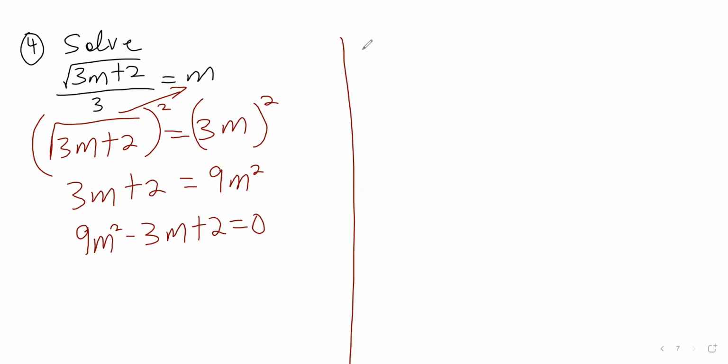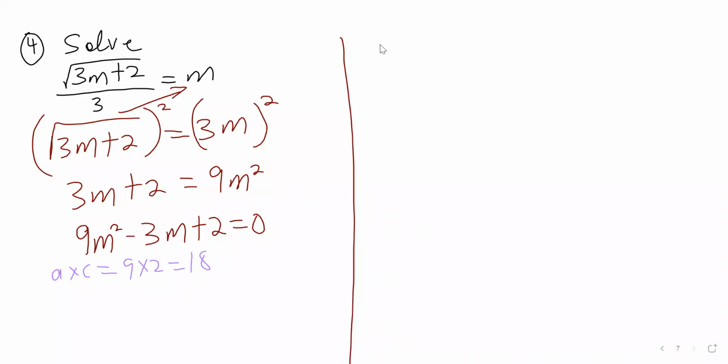Okay, factorization method means I'll do a times c, I'll get 9 times 2, I'll get 18. So what are the 2 numbers that when I multiply, I will get 18, but when I add, I'll get minus 3? Find them and finish it up. All right, I'll see you in class.